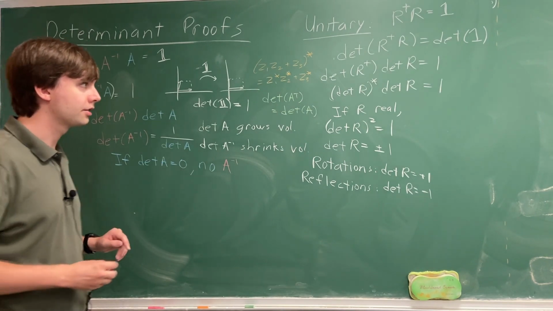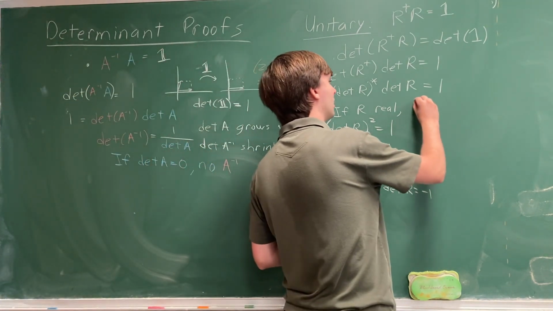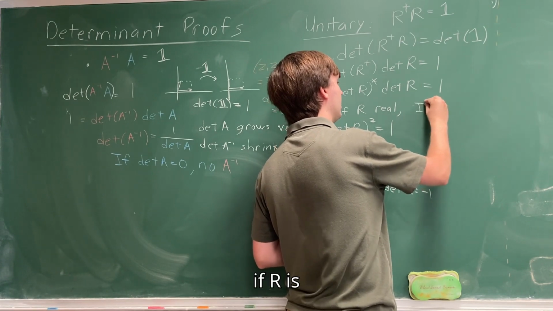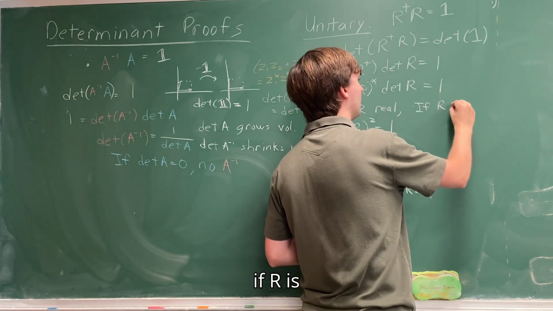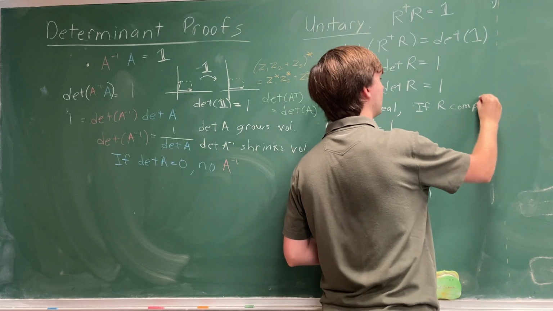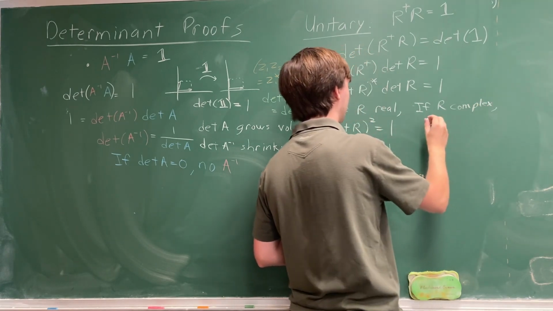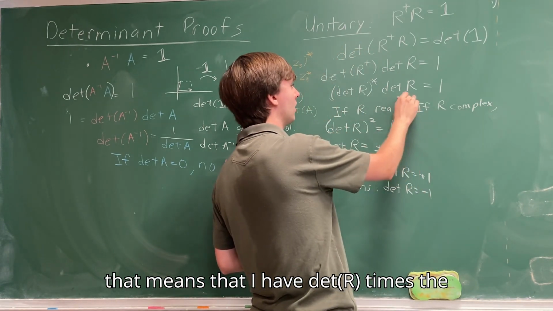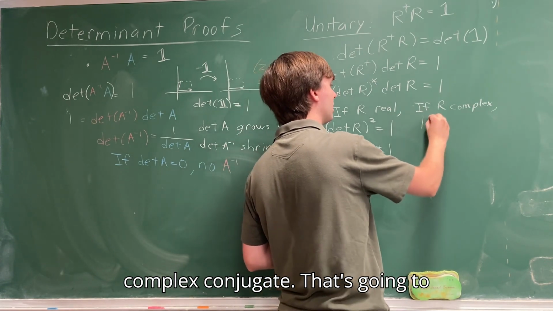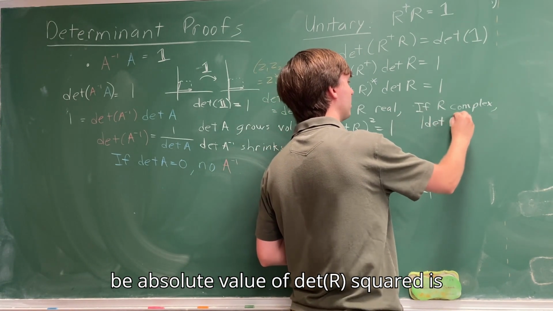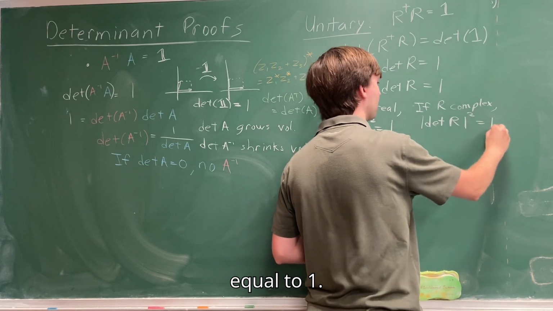On the other hand, if R is complex, that means that I have det R times its complex conjugate. That's going to be absolute value of det R squared is equal to 1.